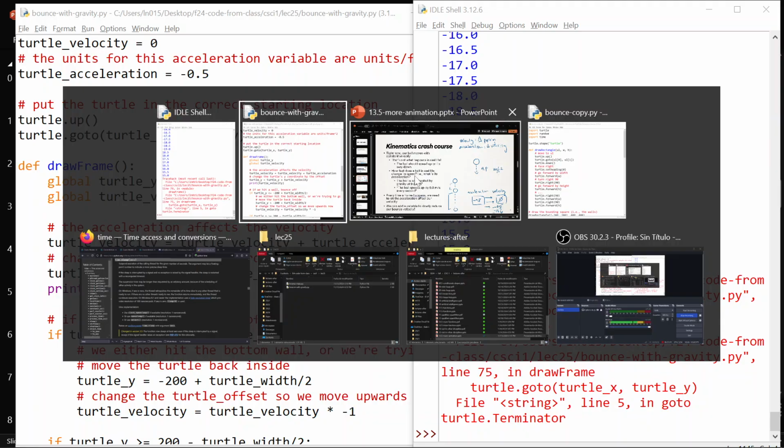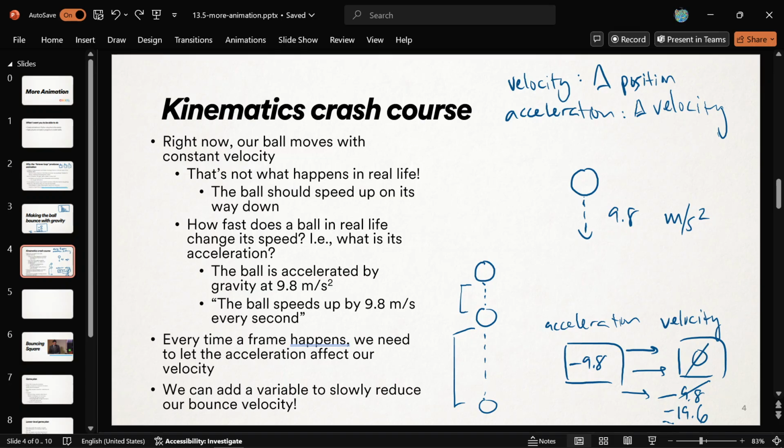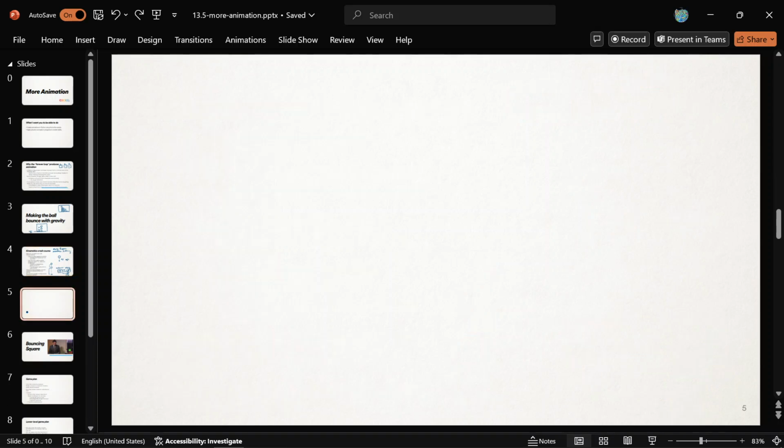All right, let's see here. How can I draw that? So yeah, here's kind of what happened. What's that? Can you say that again? I didn't quite understand.